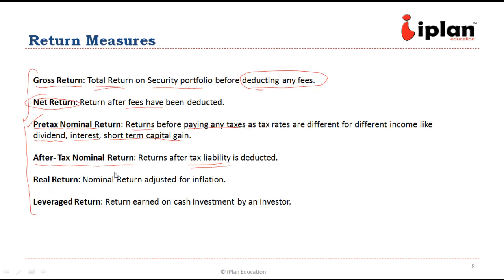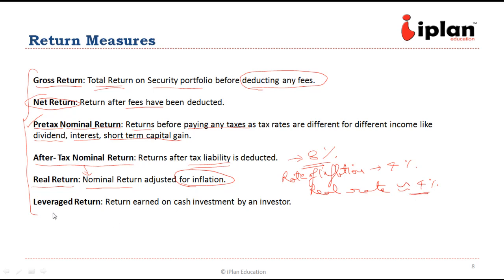Then we have real return, where this nominal return is adjusted for inflation. For example, if we were getting 8% after-tax nominal return and the rate of inflation is say 4%, then the real rate will be approximately 4%.